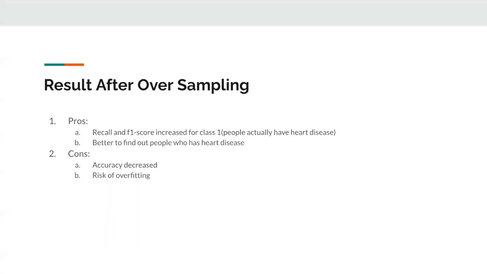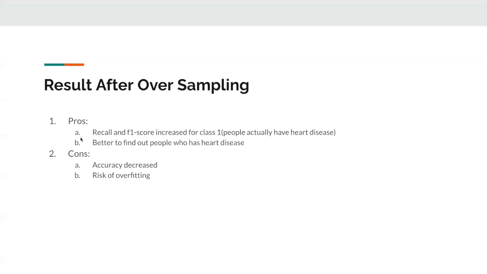So basically, we built our model by two methods, with and without oversampling. Why do we want to do the oversampling? Because we want to increase our recall and F1 score so that we can better identify a person who actually has heart disease.